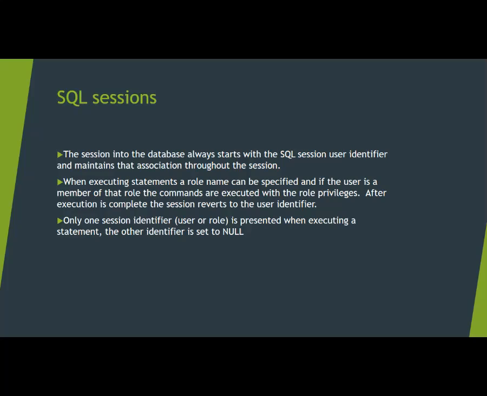As you log into the database, you're assigned the user identifier and your role is null at that point in time. But when you execute a SQL statement, then it typically executes as a role instead of the user identifier. That's the way it's designed to operate. Kind of weird.